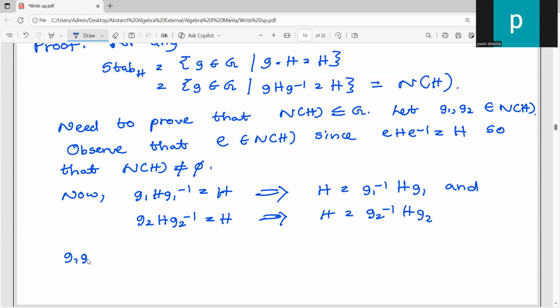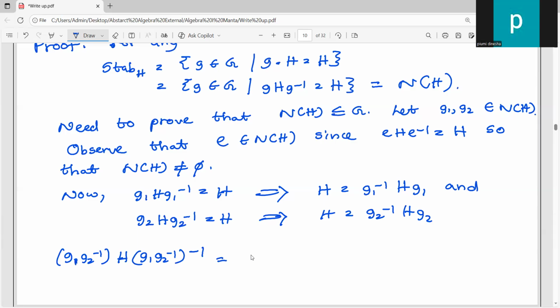Let's calculate G1 G2 inverse times H times the inverse of G1 G2 inverse. If this ends up being equal to H, by definition of the normalizer, G1 G2 inverse must belong in the normalizer of H.